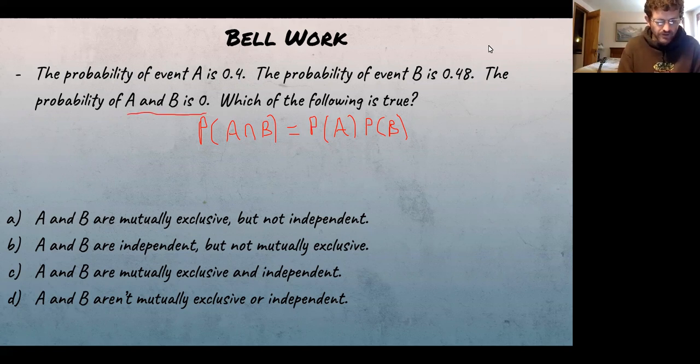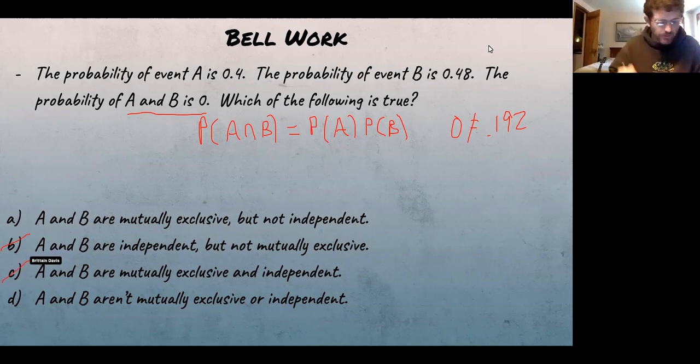So I think 0 equals 0.192 or whatever that happens to be. I didn't really do the math there. Because these are not equal, we can say they are not independent. So anything that says that they are independent, we can cross out. So B and C we can cross out.